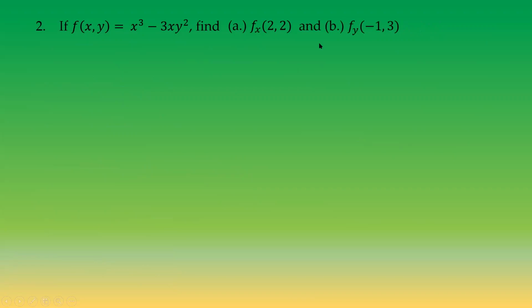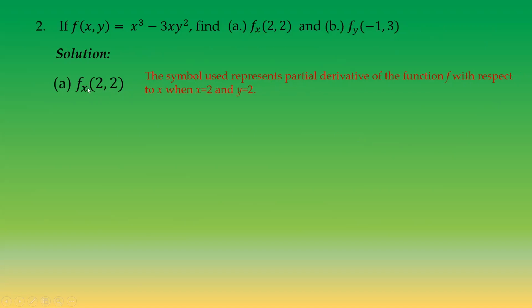Letter B, f sub y when x equals negative 1 and y equals 3. So for letter A, we have f sub x of 2 and 2. So meaning, we're going to find the partial derivative of the function f with respect to x when x equals 2 and y equals 2.